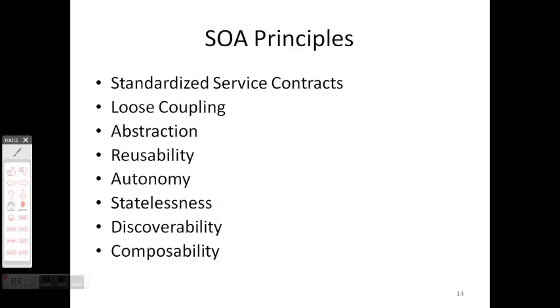It has to be on top of loose coupling. That means services should not be hooked up or dependent on each other. It creates a level of abstraction. That means it separates the interface to the user from the implementation of the service inside the organization.